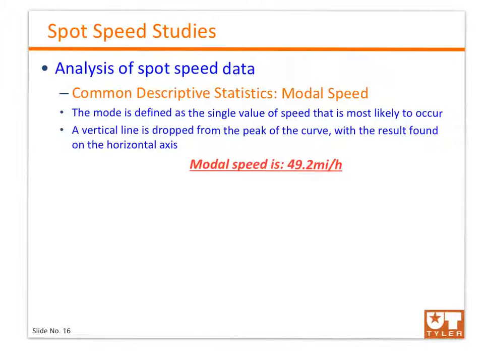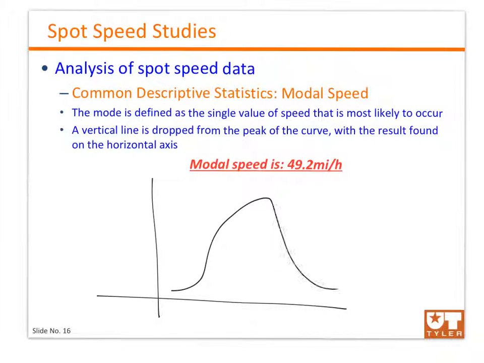You can also get it graphically by drawing a vertical line from the peak of the frequency distribution curve all the way down, and that would be the modal speed, the most frequent speed observed during the speed study.